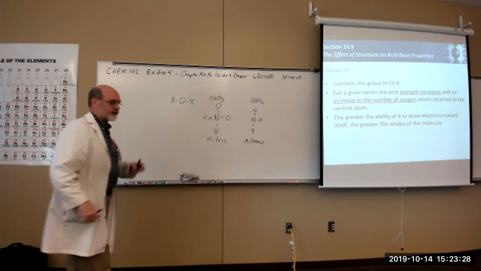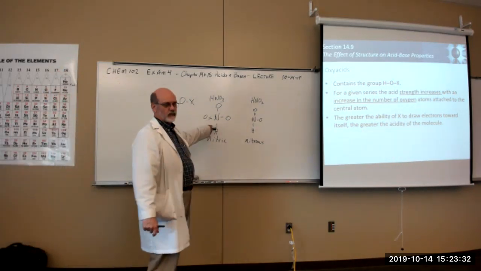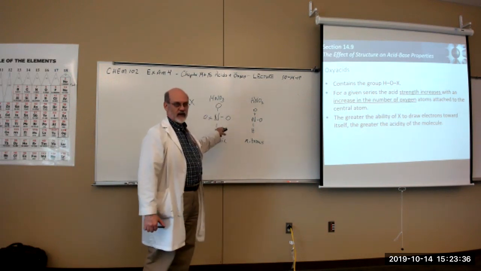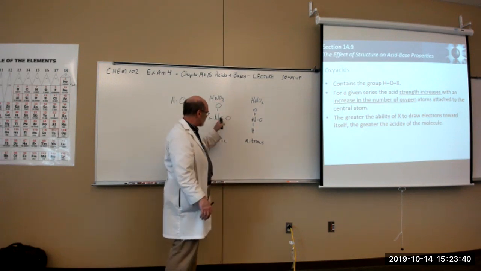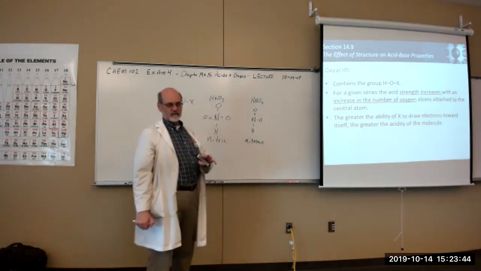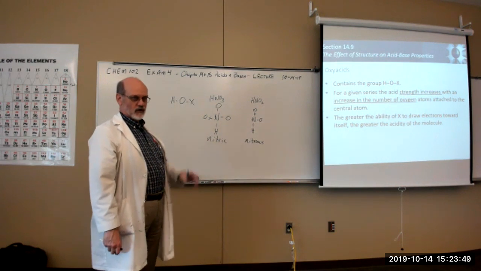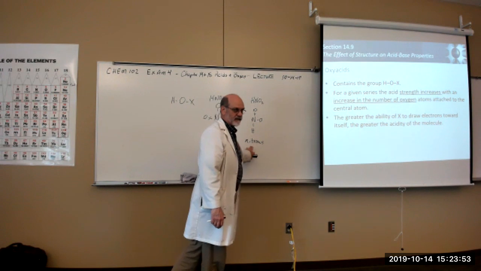Okay, which one's the stronger acid? That one. The rule of thumb is the more oxygens, the stronger the acid, as long as all other things are equal. You have the same nitrogen, you have one hydrogen, and you have a different number of oxygens. Then you can safely say that more oxygens mean stronger acid. And this is definitely a strong acid, but this is a weak acid.